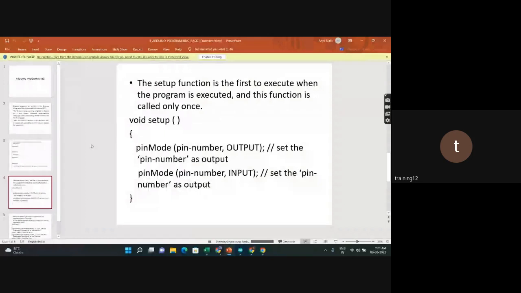The function has to be included even if no statement is executed. Pin mode is used to set the pin number as output. Whichever pin you want to connect to the Arduino from any sensor, the pin mode function is used, and it can be output and also input.